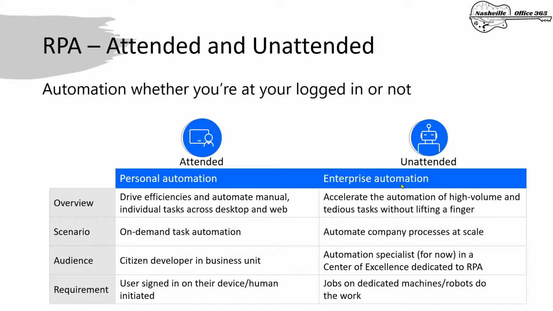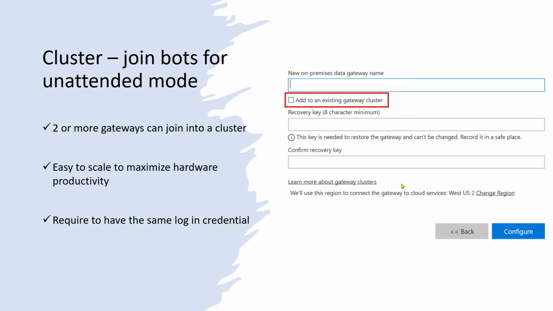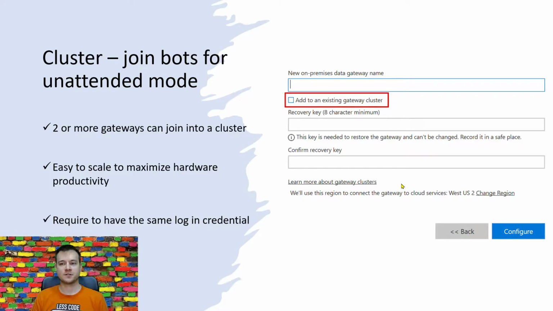Now, to be able to run an unattended mode, you need to have a thing that is called a cluster. Once you create your first virtual machine with your first RPA bot present there, it's going to be like the orchestrator. This is going to be the main RPA in this cluster. But having second and third and more gateways installed on more machines, then instead of just registering new gateways, you can add them to the existing cluster, to the existing gateway.